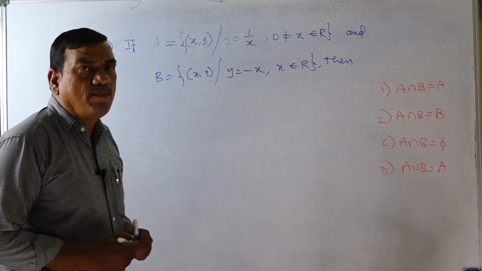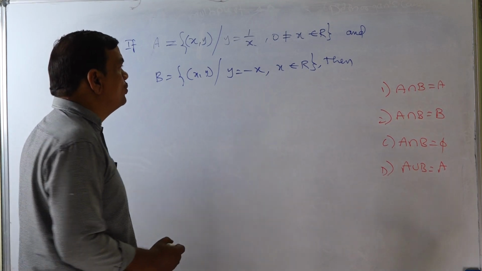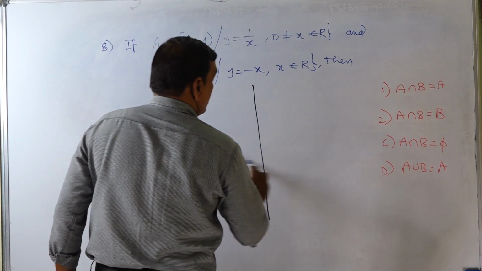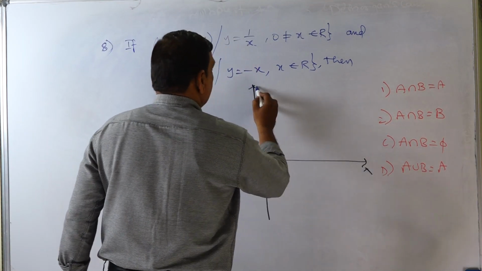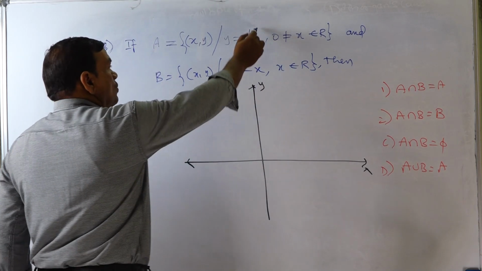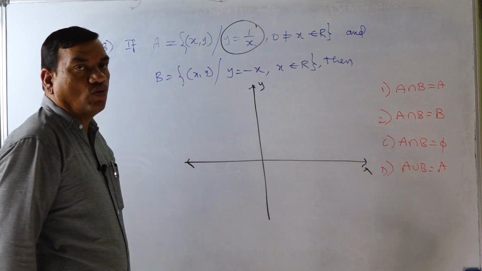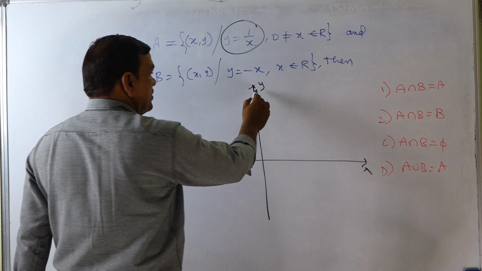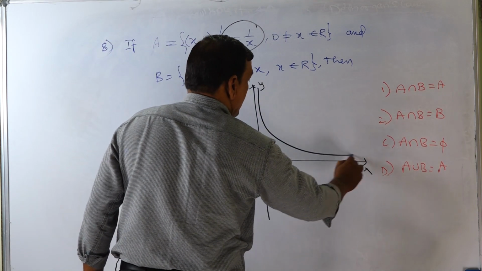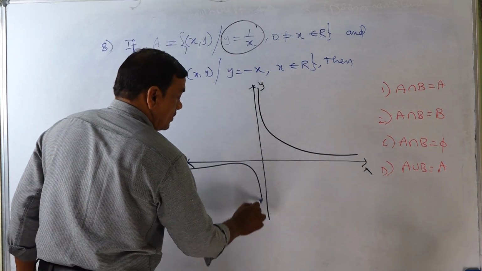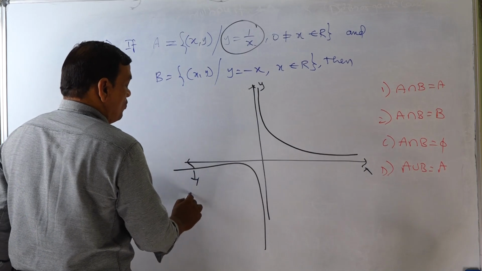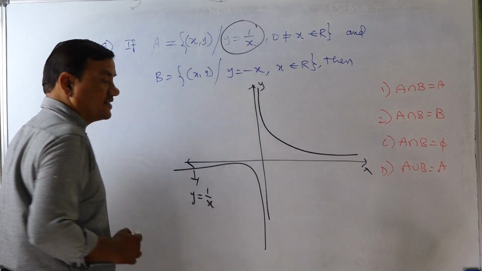So this type of problems can be solved by drawing the graph. So this is x-axis and this is y-axis. What is the graph of y is equal to 1 upon x? The graph of y is equal to 1 upon x is given by this. So this is the graph of y is equal to 1 upon x.